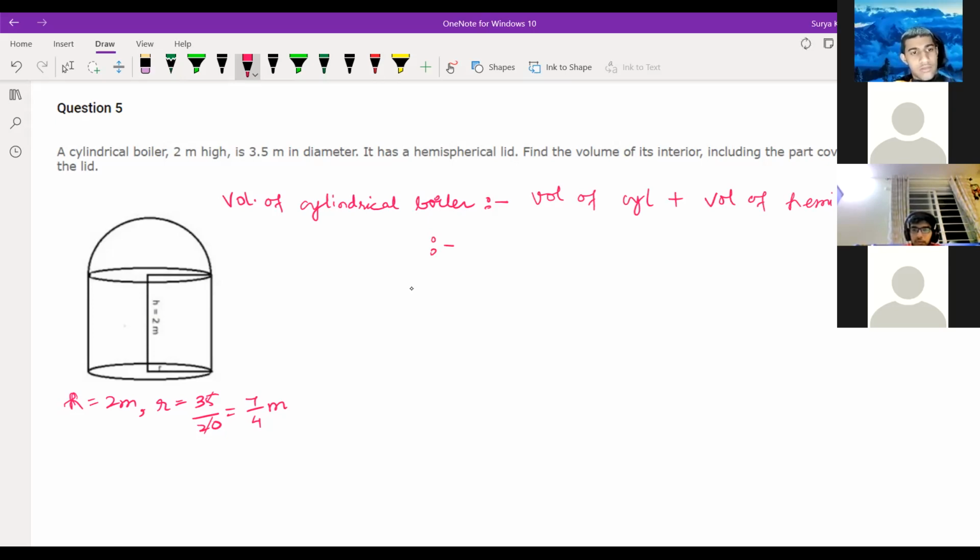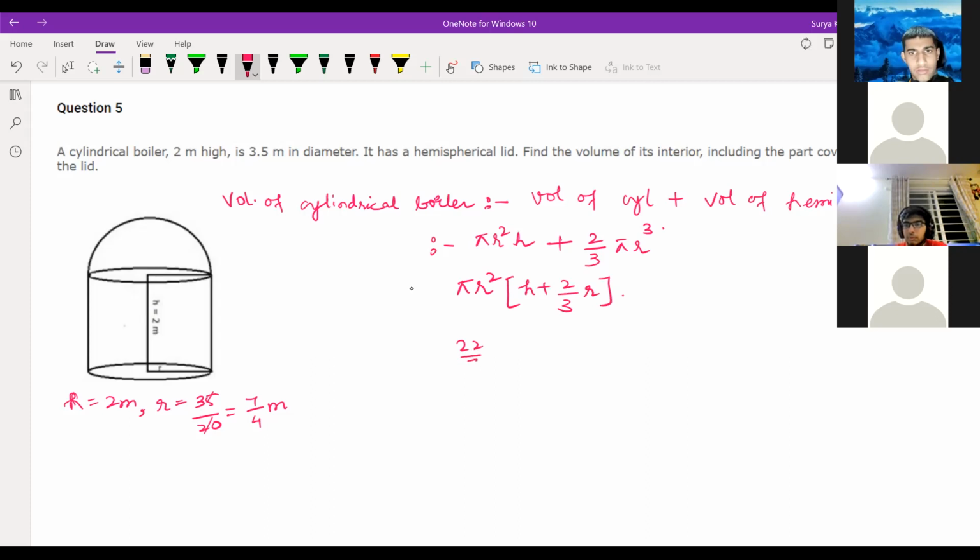So volume of cylinder is nothing but pi r square h plus volume of hemisphere 2 by 3 pi r cube. So here pi r square is common. So we can write here h plus 2 by 3 r.